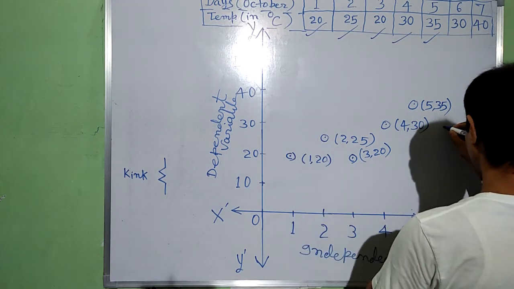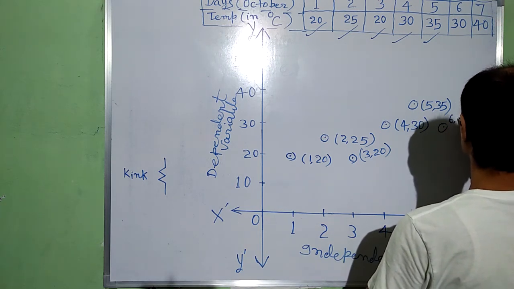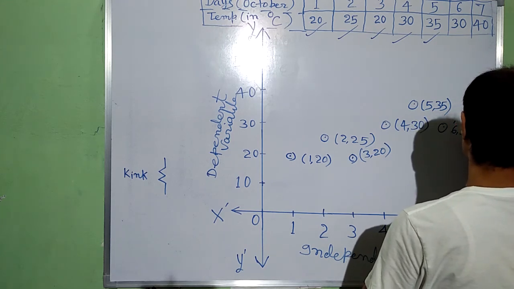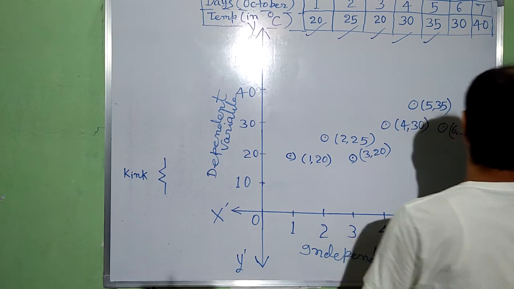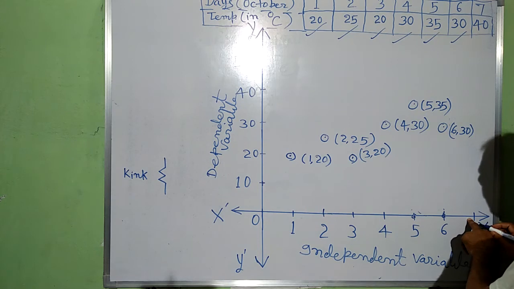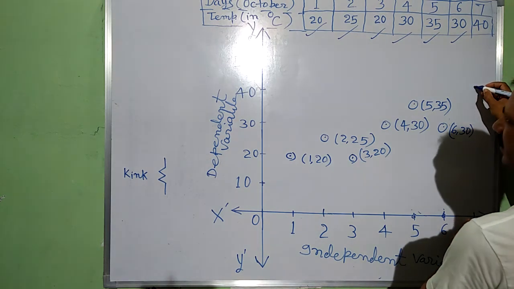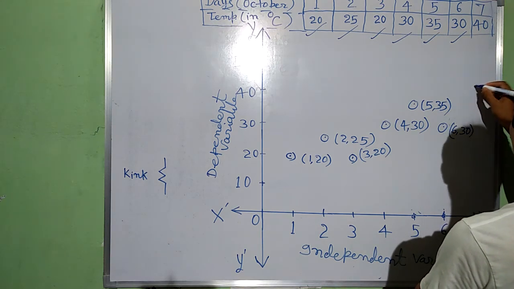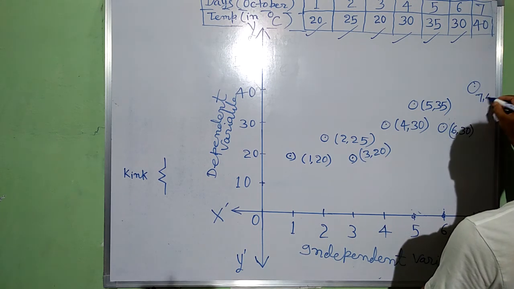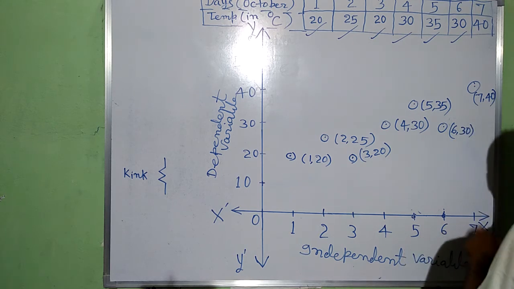Then the ordered pair (7, 40). On the 7th day, the temperature is 40, like this. Here we have to plot it. 7th day, 40 degrees Celsius temperature.